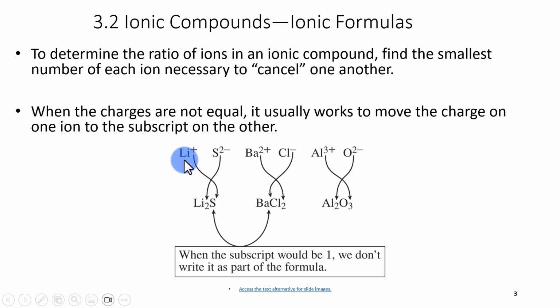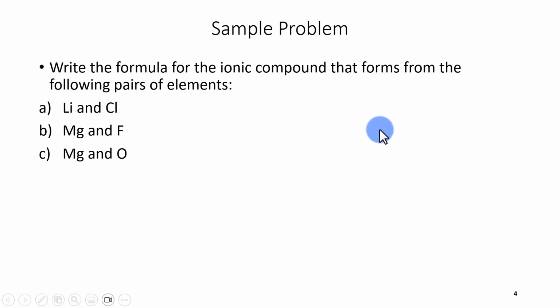So if they have the same charge, if it's a +2 and a -2, just write the symbols of each element without any subscripts, just like we did for sodium chloride in the previous slide. I will give you a little bit of time to work on these 3 examples, and then we will continue on.